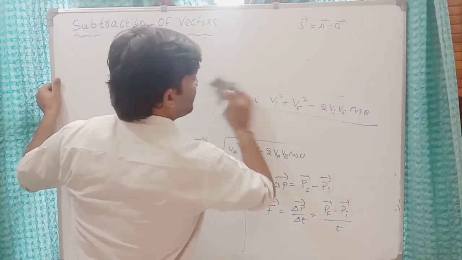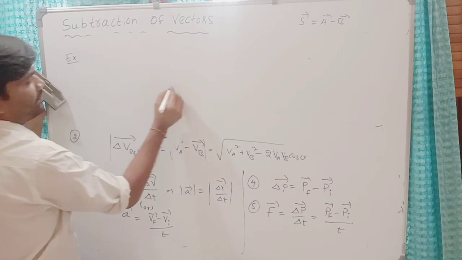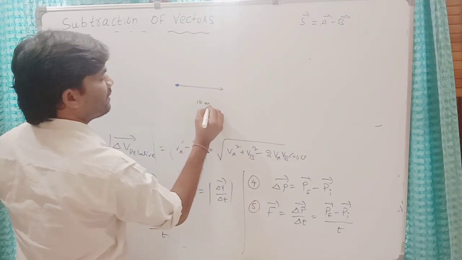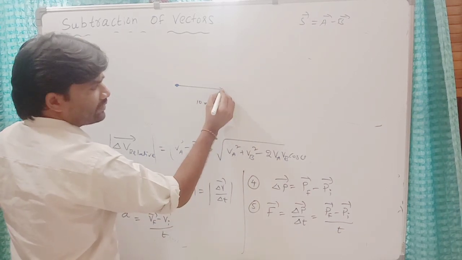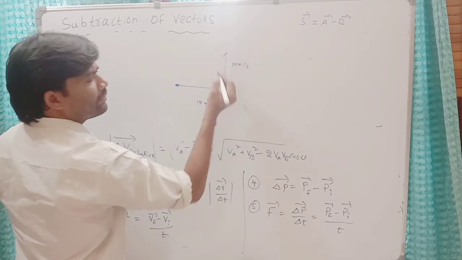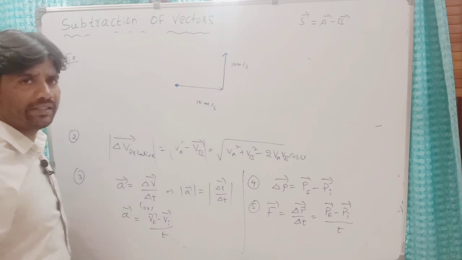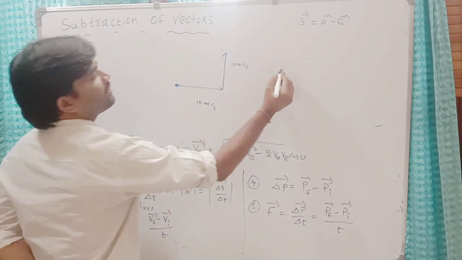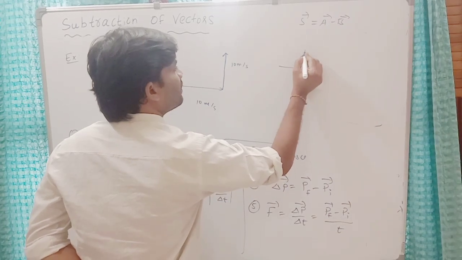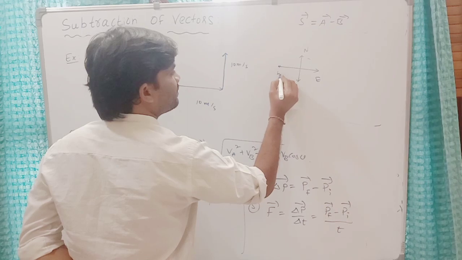For example, let us do one example problem. If a particle is going towards east with 10 meter per second and suddenly turns towards north and continues to move with the same speed, 10 towards north, initially moving towards east and turned towards north and going with the same speed.